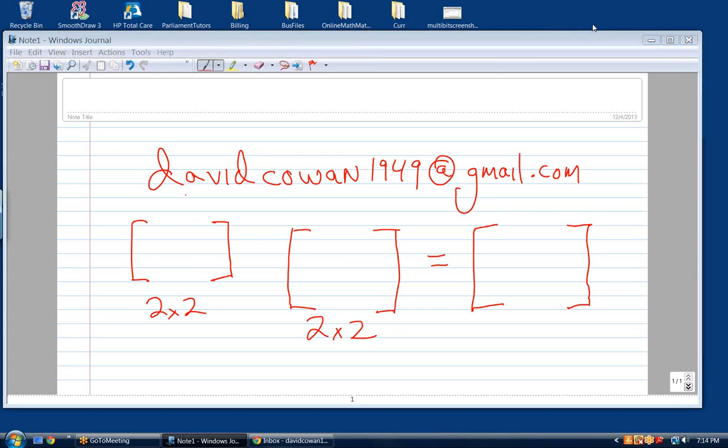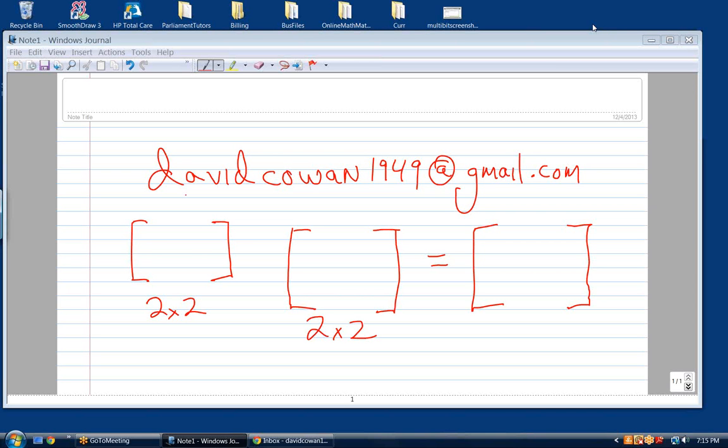Matrices are valuable for solving multiple equations and multiple unknowns. I don't know if you and I have ever sat down and tried to solve 3 equations with 3 unknowns, but it requires about 5 minutes. And if you try to do 4 equations and 4 unknowns, that's going to require about 20 minutes.